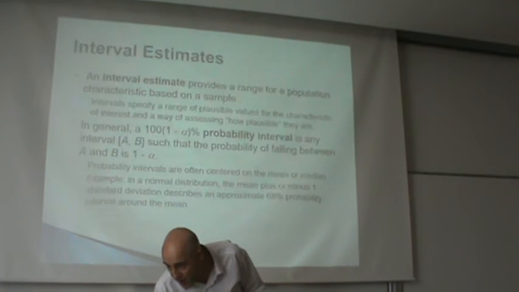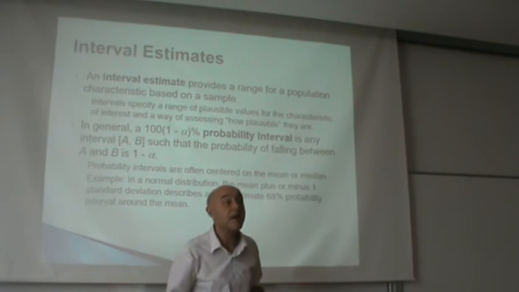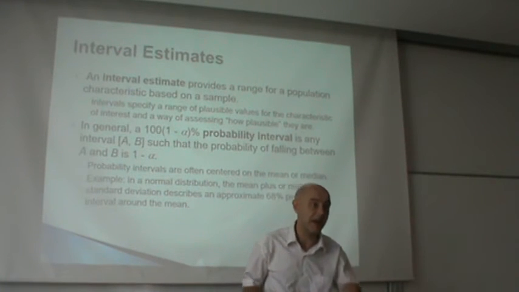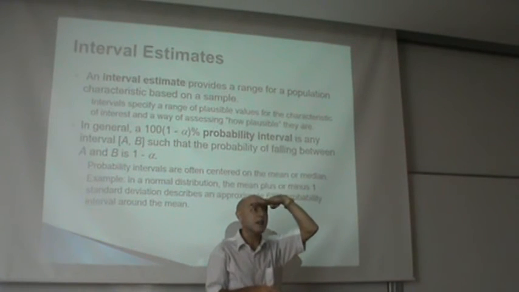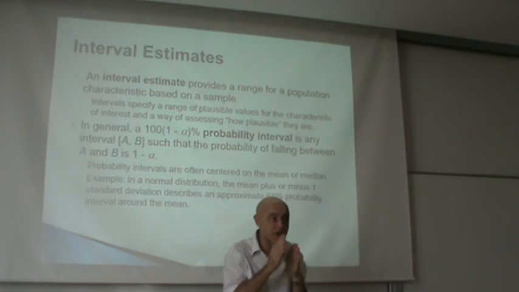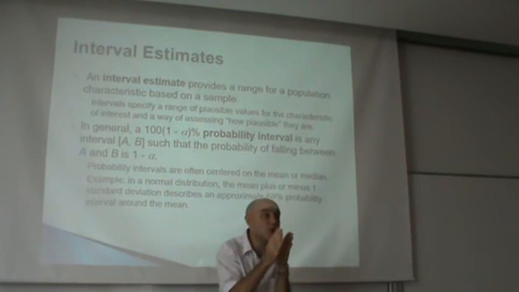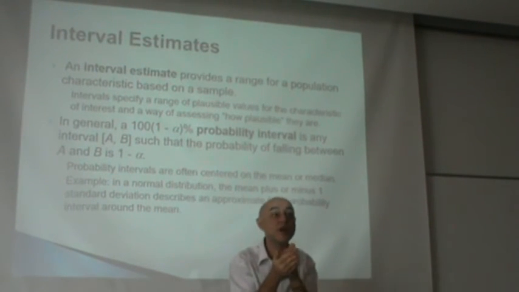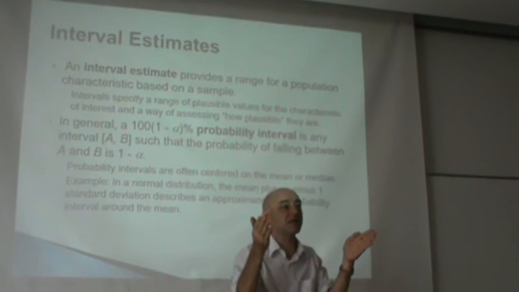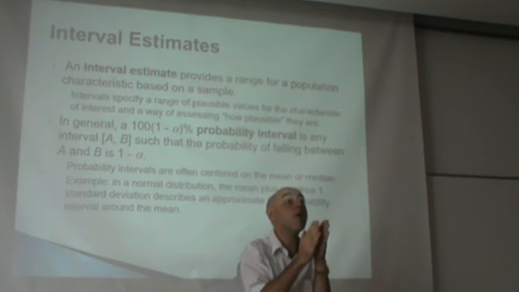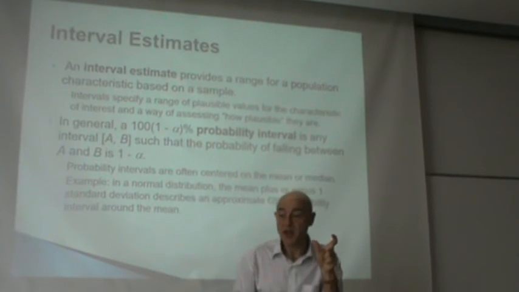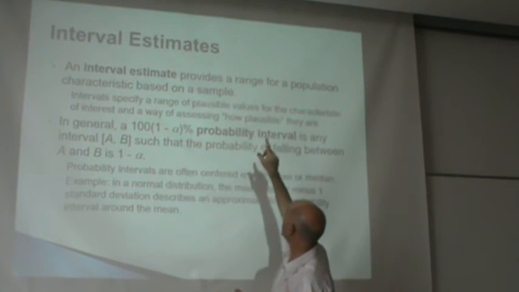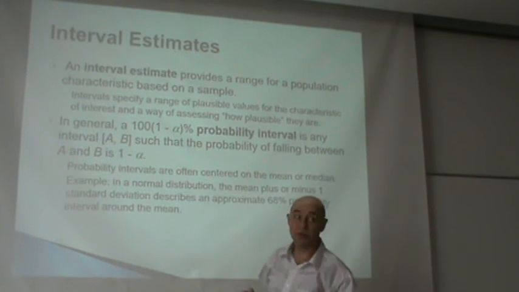So from there, you can do some interval estimates. And I already told you about interval estimates. The average height is 160, and the question is, what's the interval? Is it between 159 and 161, or is it between 155 and 165? How wide is the interval? The interval estimate will give you a range for the population characteristic.